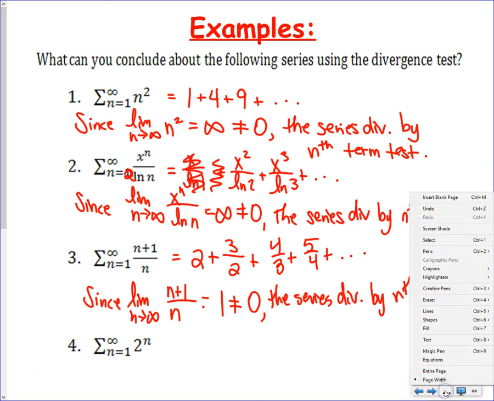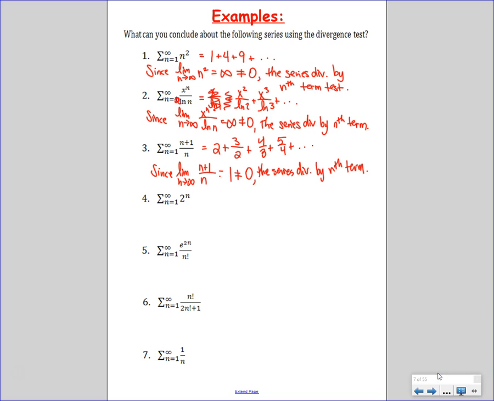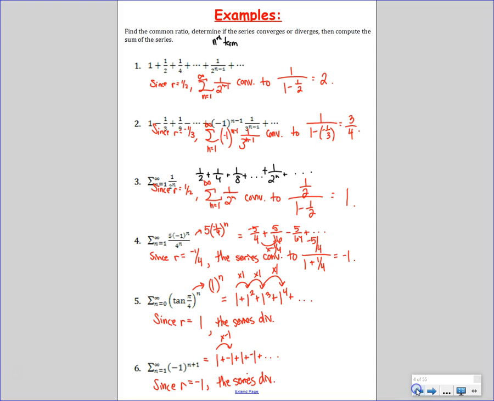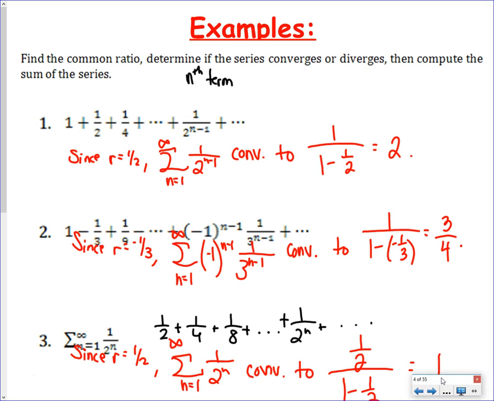John? So if it's not geometric, it diverges. Geometric series is a completely different test than the nth term test. But let's go ahead and take what John said. Let's go back to those ones that we did with geometric series. Question: could we see that this converges by the nth term test?